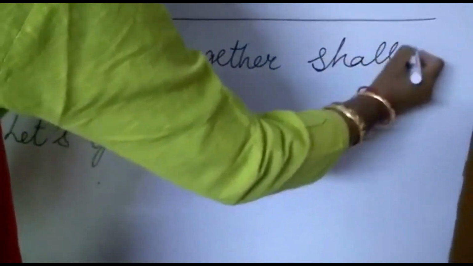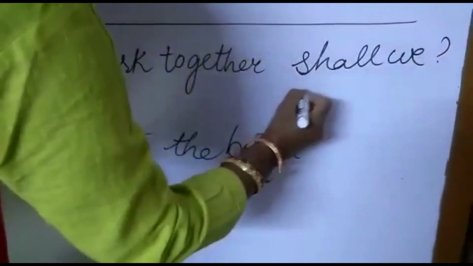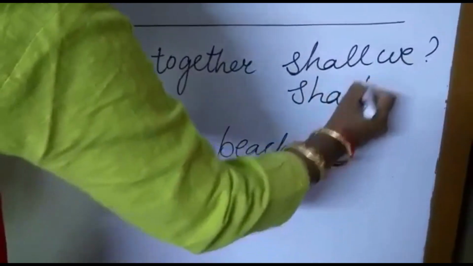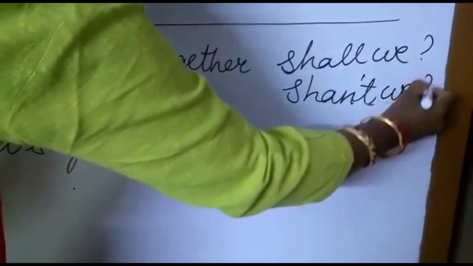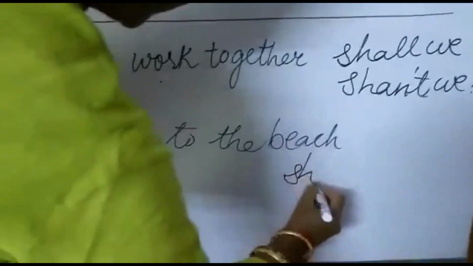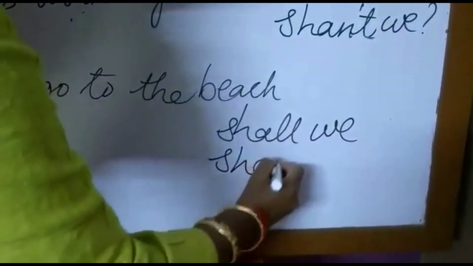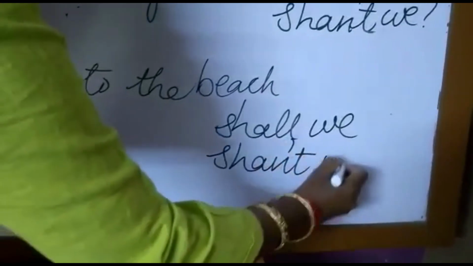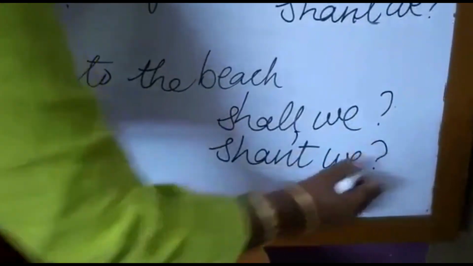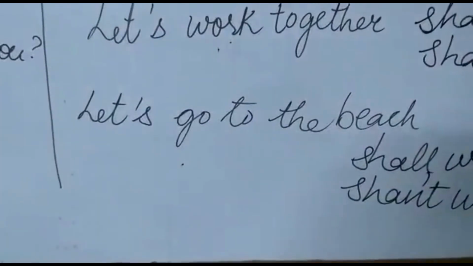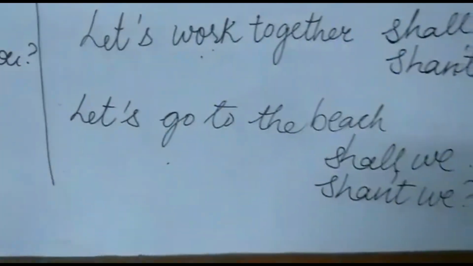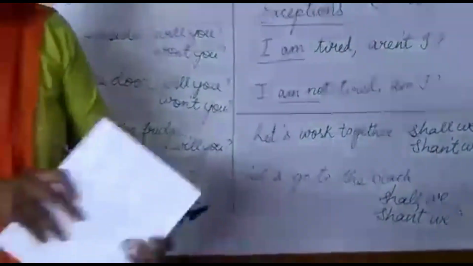You can use shall we or shan't we, either a positive question tag or a negative question tag. Anything can be used, but you will be using only these two when the sentence starts with "let us." Yes children, I hope you understood this topic of question tags.